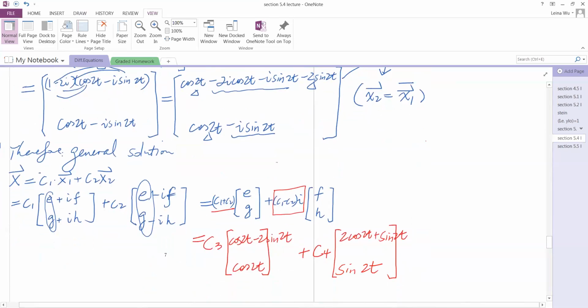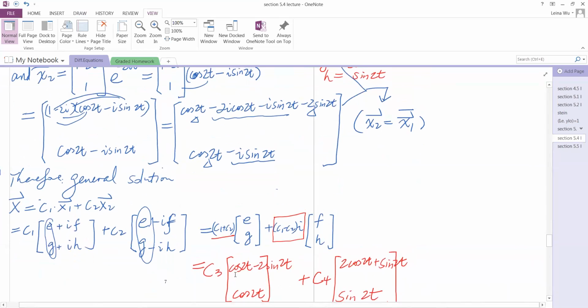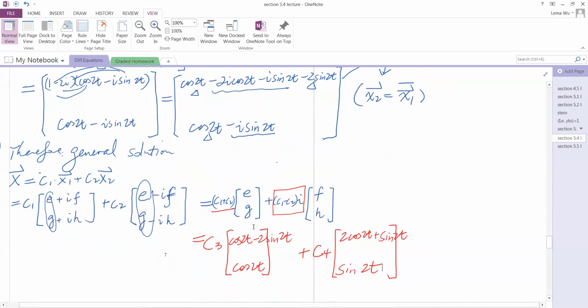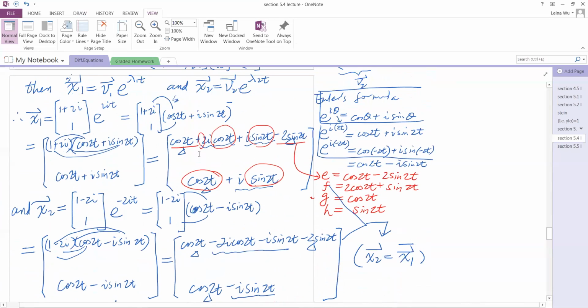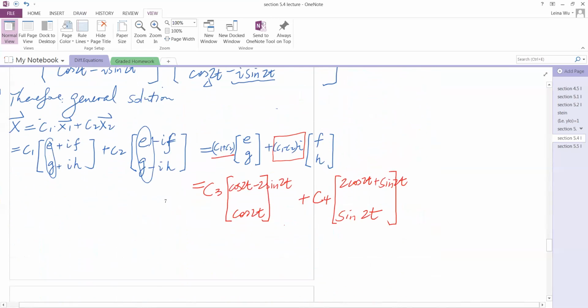Okay, and let's see, what are these two items actually, if you look at it? The part that we have pulled out, this vector and this vector. Cosine 2t and minus 2 sine 2t comes completely from the real part of the e raised to lambda t. So this part is actually just C3 times the real part of vector v e raised to lambda t.